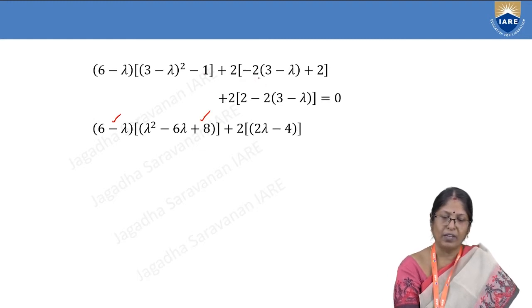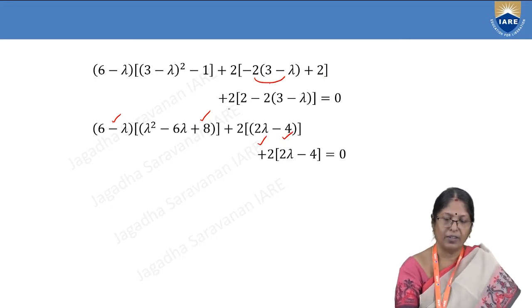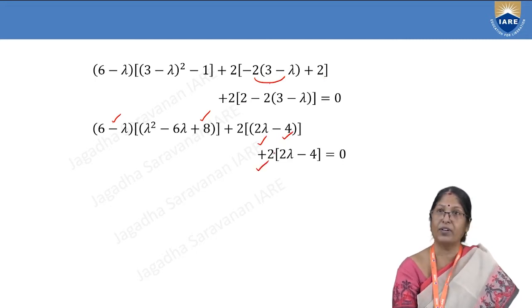Here, minus 2 into 3 minus lambda plus 2, here the simplifications we got. Here you can see this is becoming 2 lambda and minus 6, this is plus 2, it is becoming minus 4. You can see here this plus 2 as it is written.